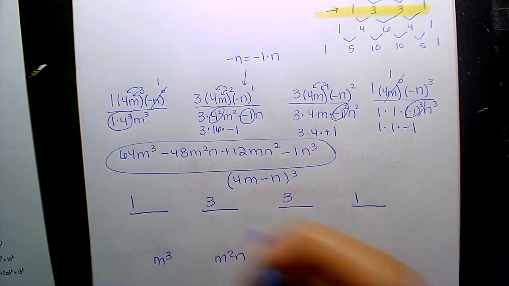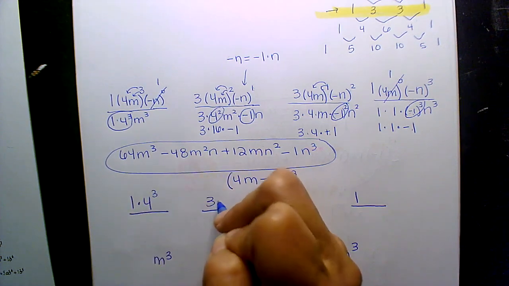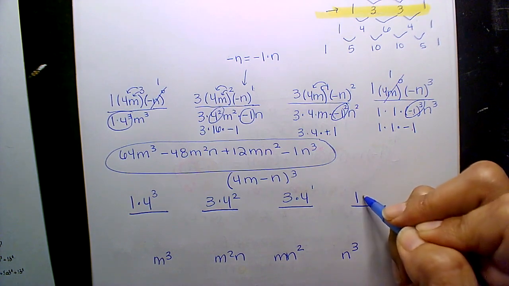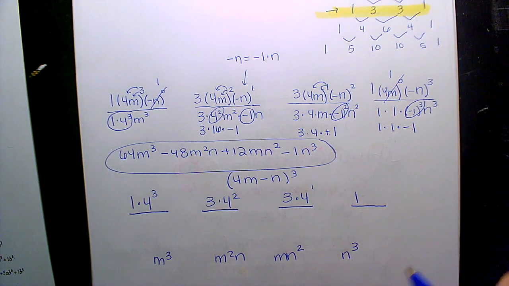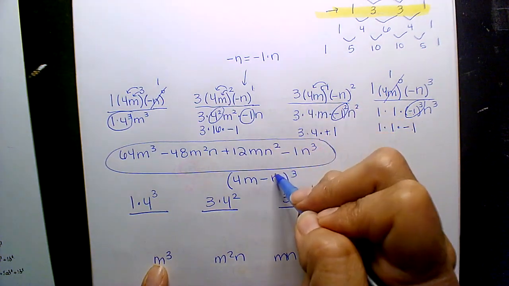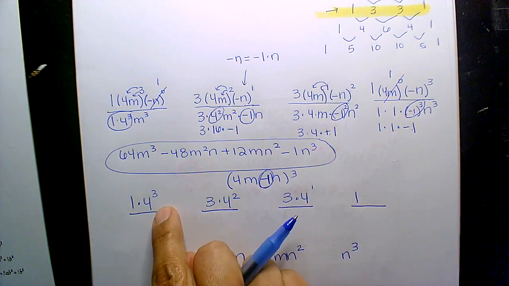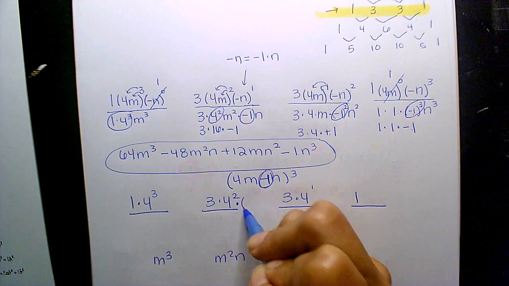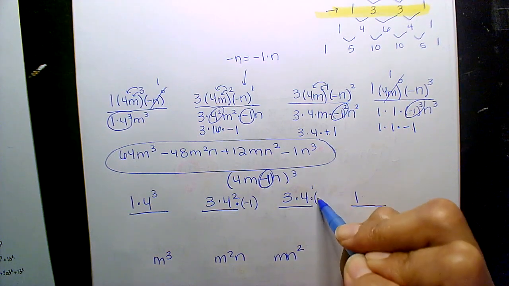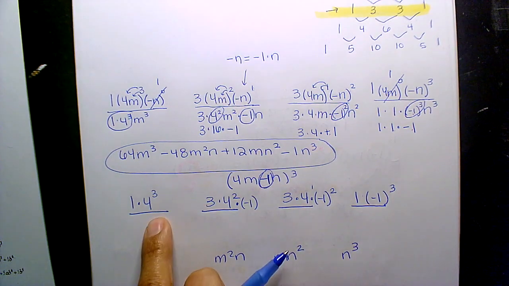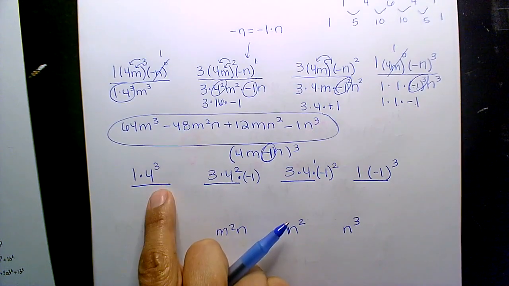You know your 4 is 4 cubed, 4 squared, 4 to the 1, and 4 to the 0. You could just leave it off. Why even write it? What's happening with this? What's this coefficient? It's -1. So -1 to the 0, -1 to the first, -1 squared, -1 cubed, and now really that's all you have to do.